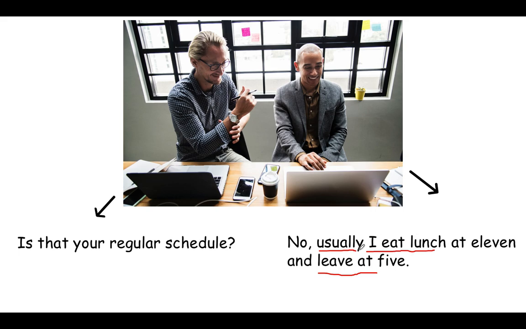When you use ing, I am eating lunch at this time or I am doing this, it means that it's something that is happening right now in the moment, or it's something that you are planning on doing. It's something that will happen very soon.